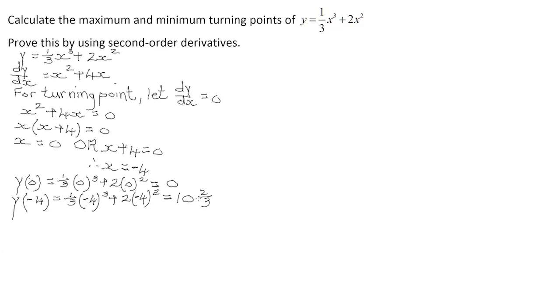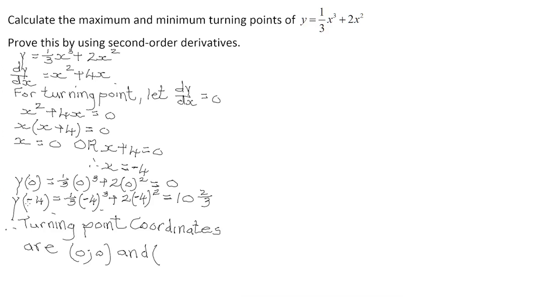Now you have your x and your y value, so now you can say therefore turning point coordinates are, the first one, x is 0 and y is 0, and the second one, x is minus 4 and y is 10 2/3.